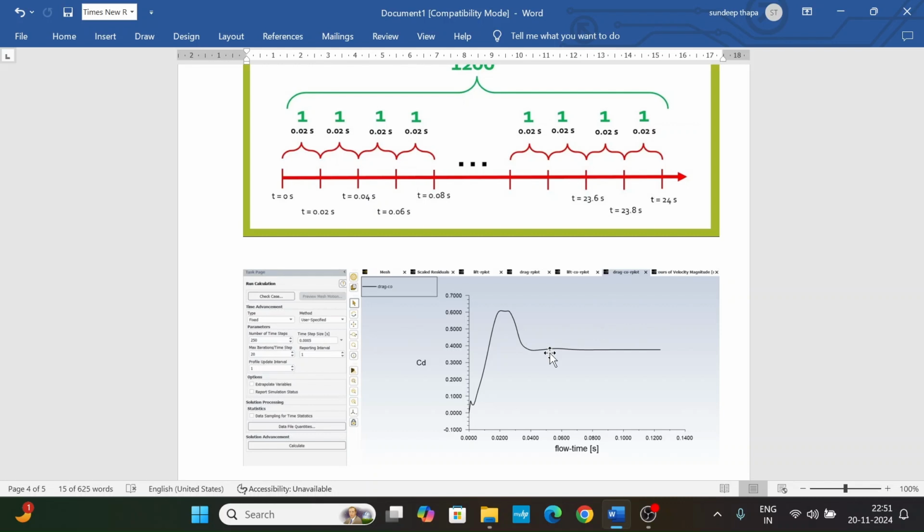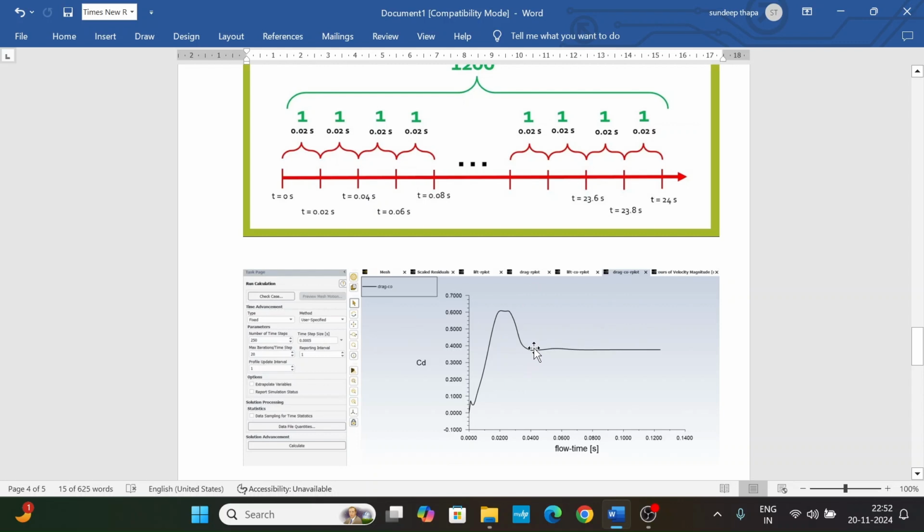So yeah, okay. The point is here. Let's see how the drag coefficient is changing. At 0 seconds, it started from 0 and slowly increased, which means the drag coefficient is changing with respect to time. As the time is increasing, the drag coefficient is also changing. But at this point, let's say at somewhere around 0.05 seconds, the drag coefficient did not change as significantly as here.